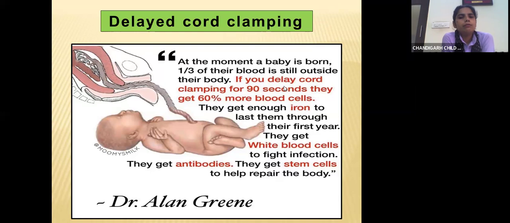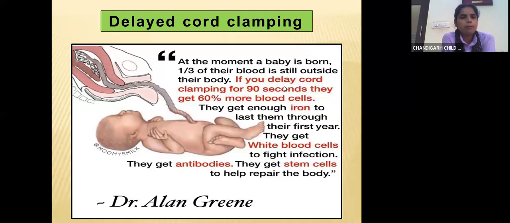First of all, whenever we delay cord clamping, it gives 60% more blood cells to the baby. It prevents the baby from anemia, because premature babies are at risk of anemia, so at that time we give the blood to the neonate.